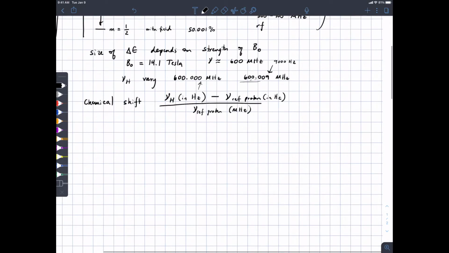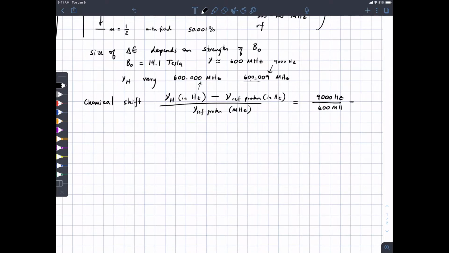Why would you do that? Well, let's just do some math, but not actually worry about the math. So 600.009 megahertz minus 600 megahertz, all in hertz, is like 9,000 hertz. And then say the reference proton is at 600 megahertz.